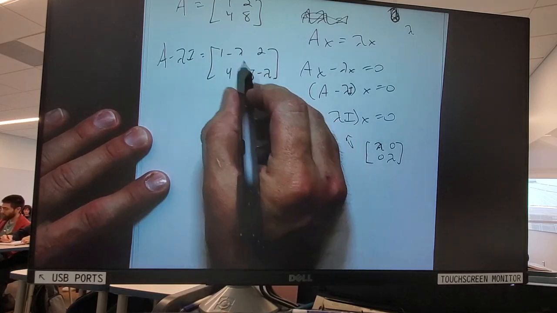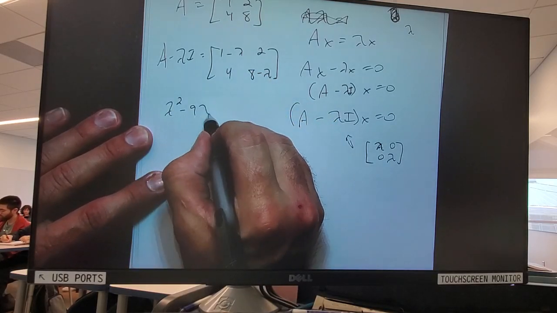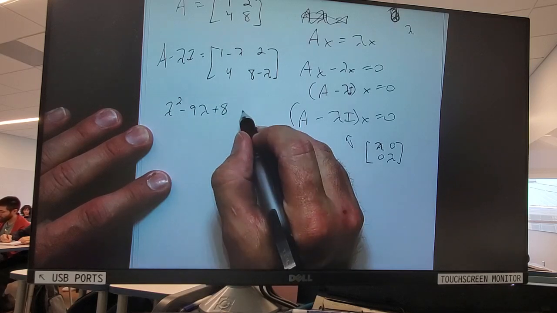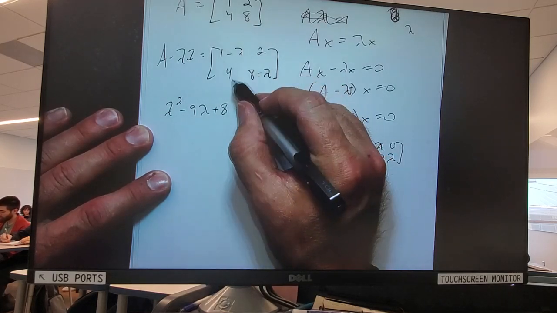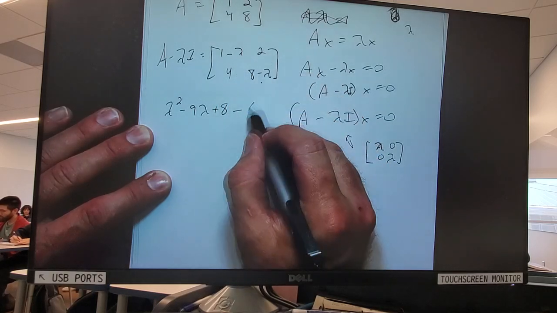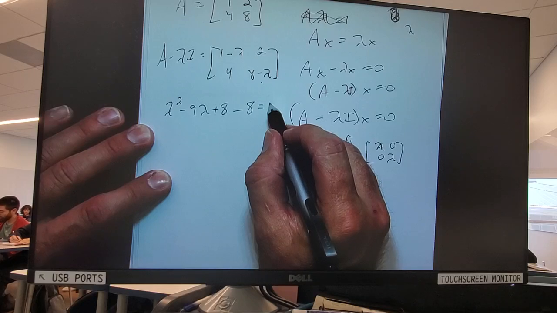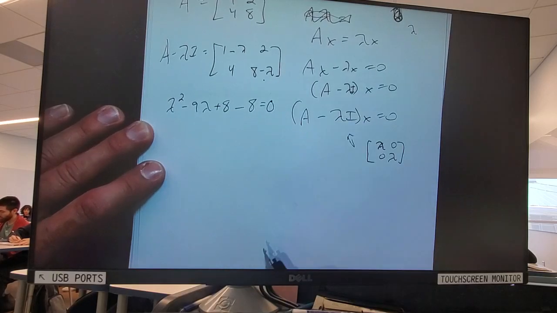So let's see, if you do this times this, you get lambda squared minus 9 lambda plus 8, yes? And then you minus, so that was this times this, minus 8. And I want to force the determinant to be, we've already forgotten, 0, yes.